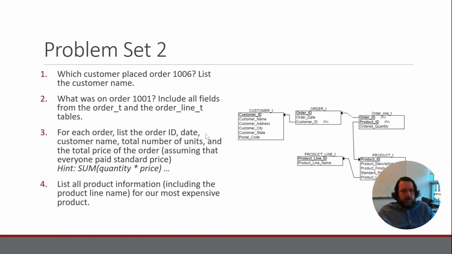So what we want to do is select the customer name where order ID equals 1006. And we have these connected to each other in customer ID.